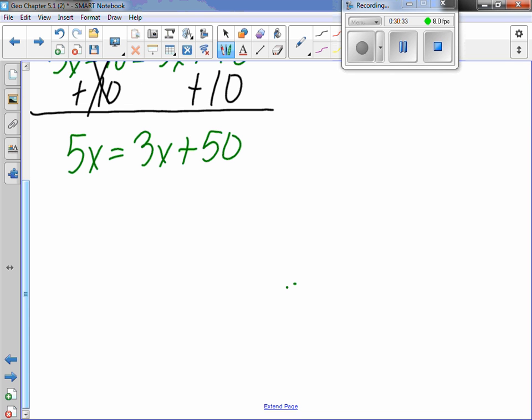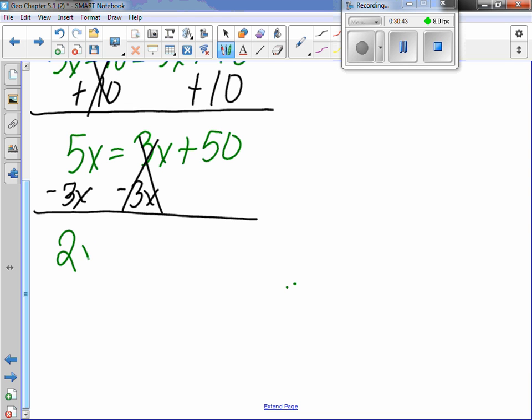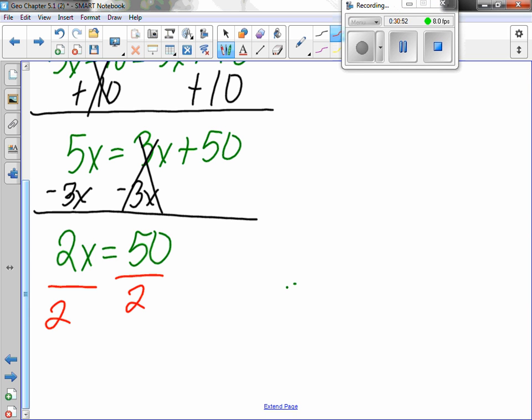Then what would we need to do? We would subtract 3x from both sides. 3x and 3x would cancel, leaving me with 2x is equal to, last but not least, we would divide by 2.